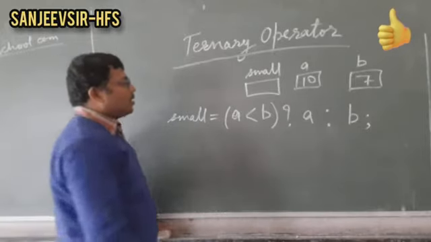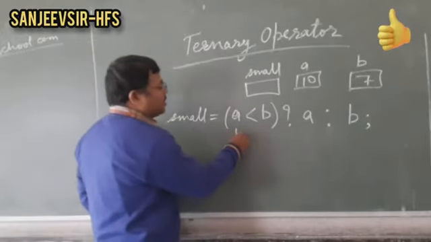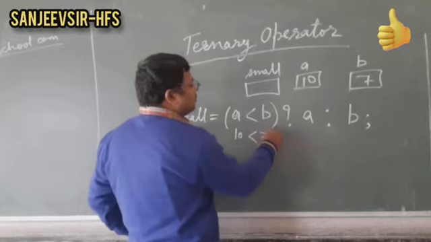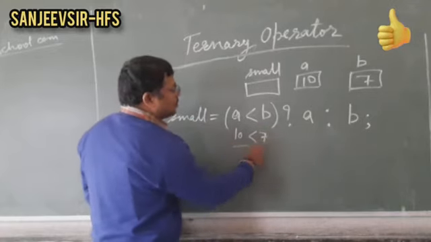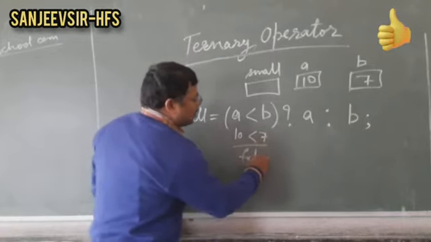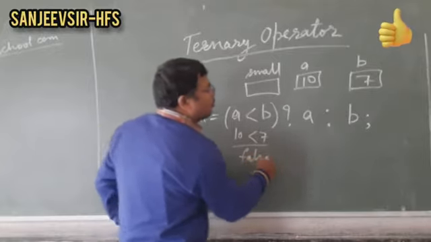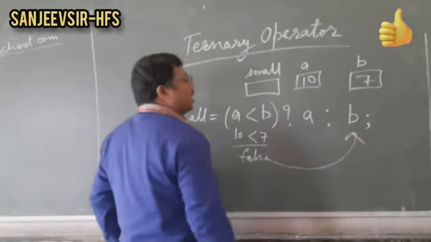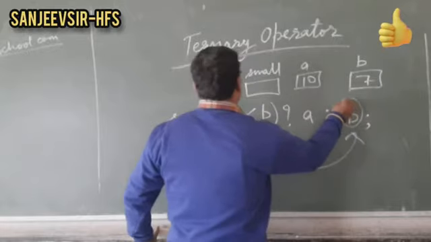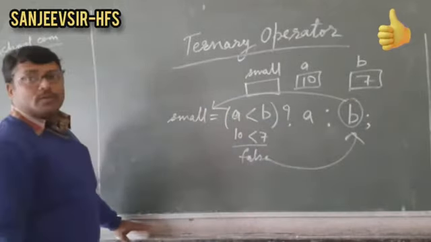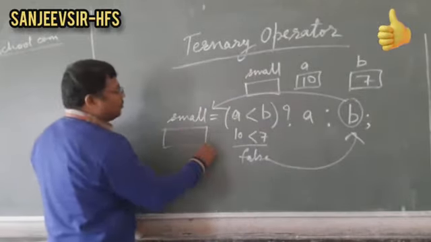Now put example and understand. Here the value of A is 10, less than 7. Condition is false. That means control will move to B part and B will be assigned into small. So small will have the value 7.